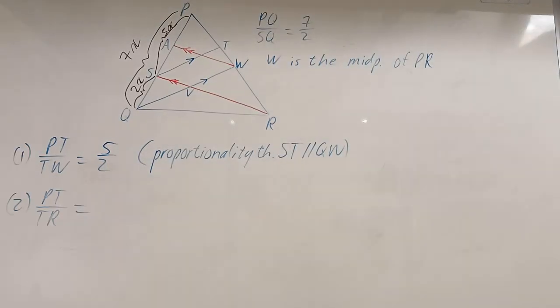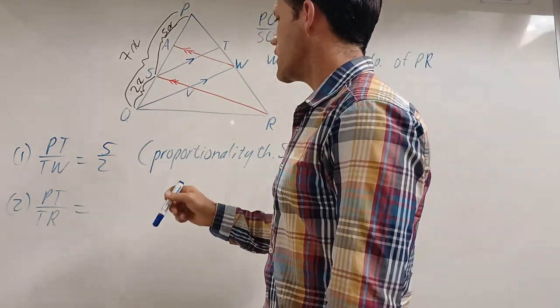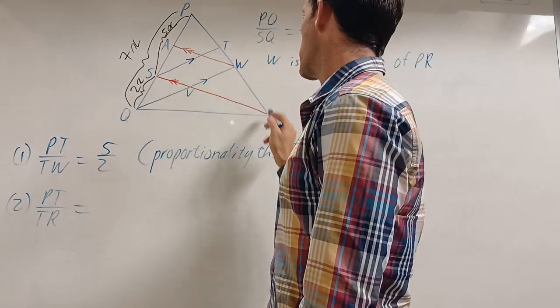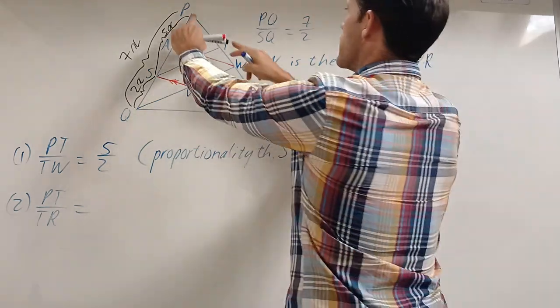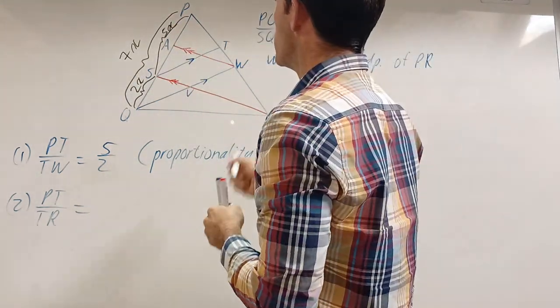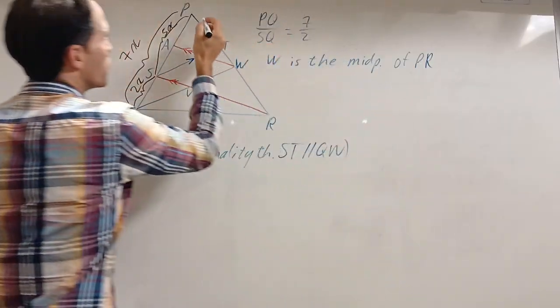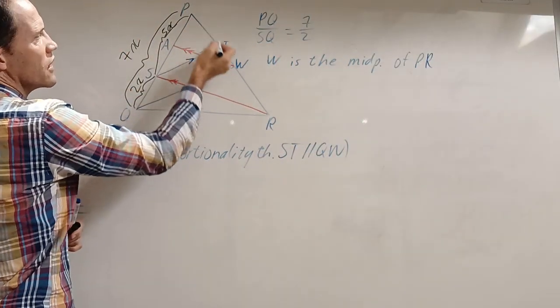Now we need to find PT over TR. So we need to put in some values here. If it's 5 over 2, we can't again just say it's 5 and 2.